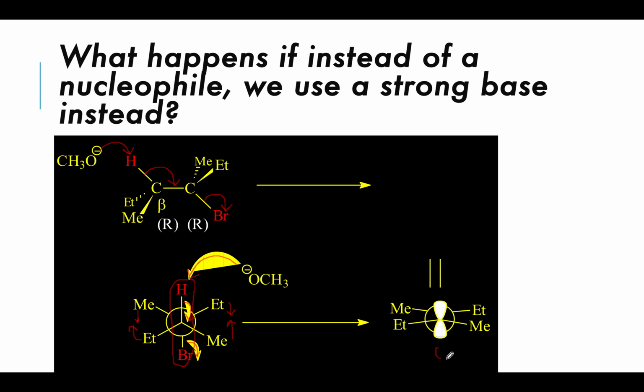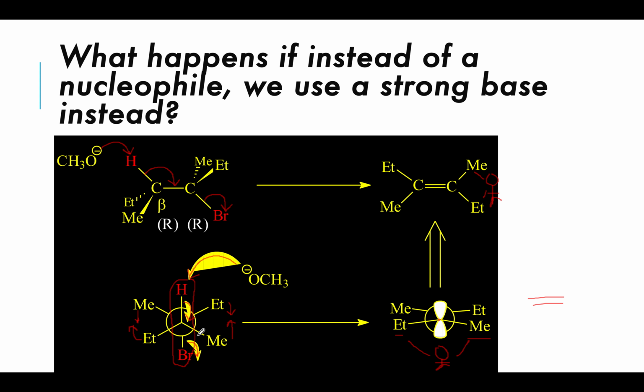So if this was us looking to the front, oh, by the way, Me stands for methyl, Et stands for ethyl. So you'd have my methyl on my right, my ethyl on my left, and so on. You'd come up with something like this. So again, it's as if I was here looking. So methyl on my right, ethyl on my left. Ethyl on my right, ethyl on my left.